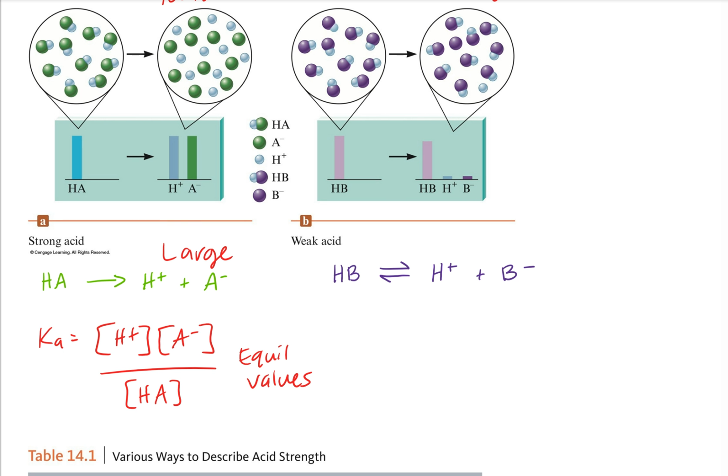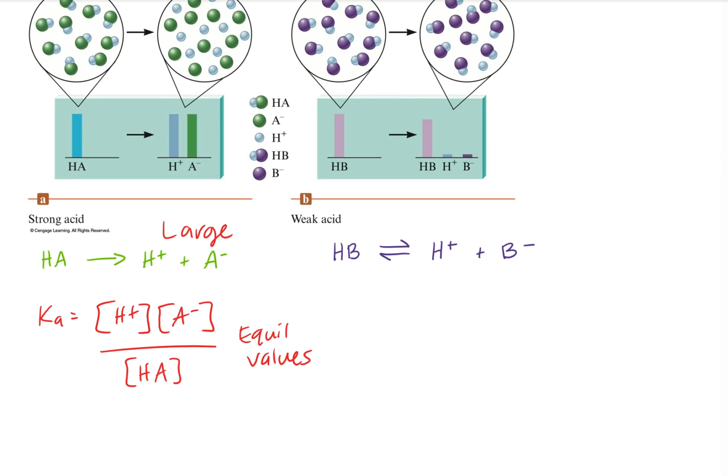This essentially is going to go to completion, and you essentially have zero HA down here. And so your Ka values for strong acids are so large, we usually don't even report Ka values for strong acids. Kas are too large for a strong acid.